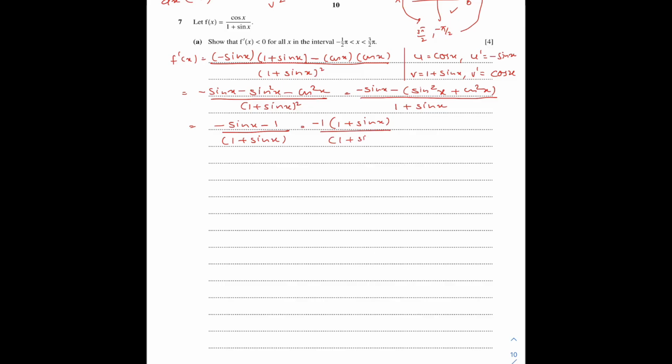Now sin squared plus cos squared is 1, so we have 1 plus sin x in the numerator over 1 plus sin x squared. I forgot to write squared. I can get rid of one 1 plus sin x, so that's negative 1 over 1 plus sin x. All right, now we know negative 1 is less than or equal to sin x, which is less than or equal to 1.